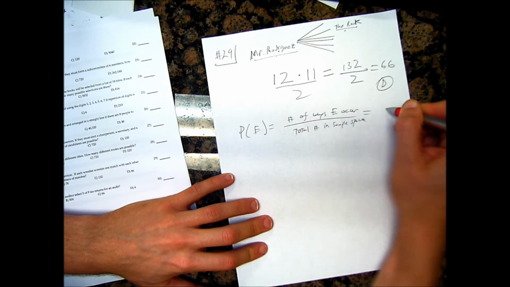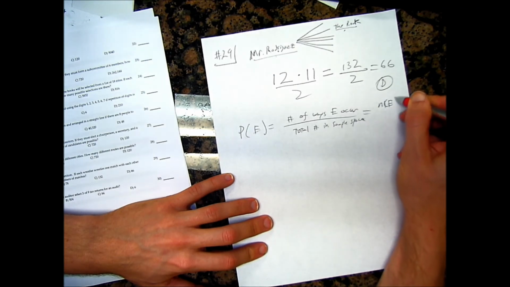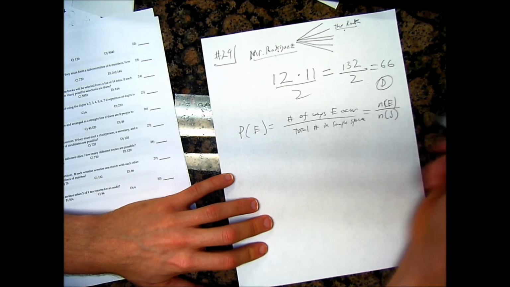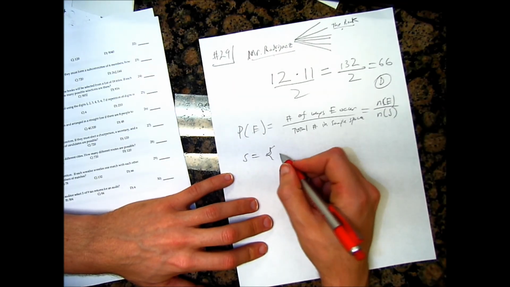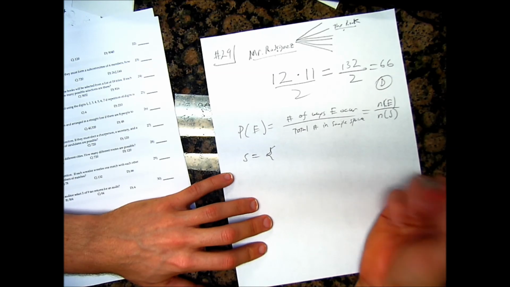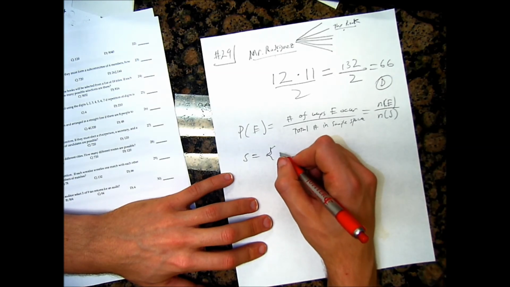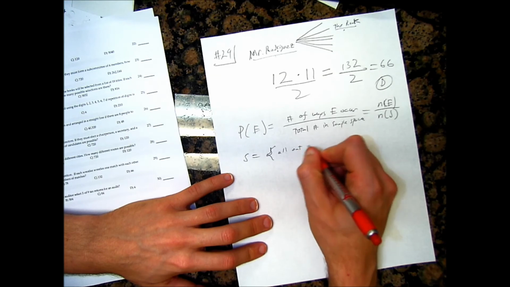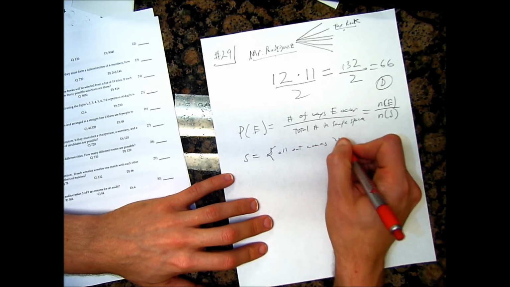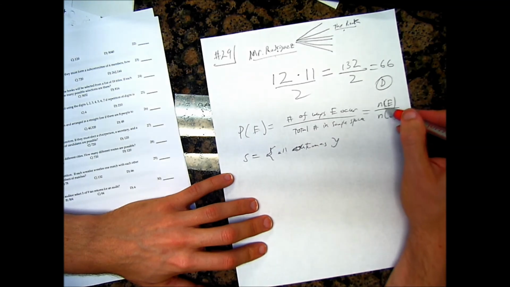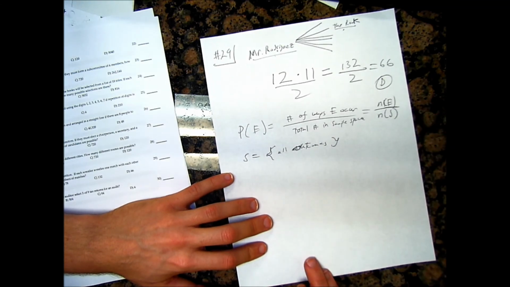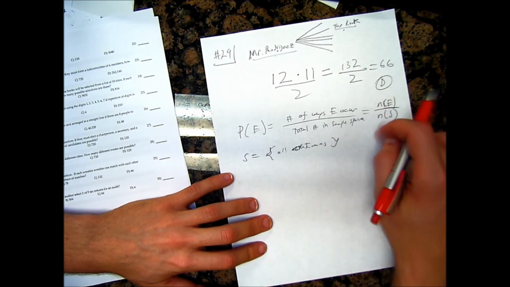So your book has it written as the number of elements in the event and the number of elements in the sample space, because the way we think about this is the sample space is the total, is all possible outcomes. And then the event is a subset of this. So then we count and we divide.